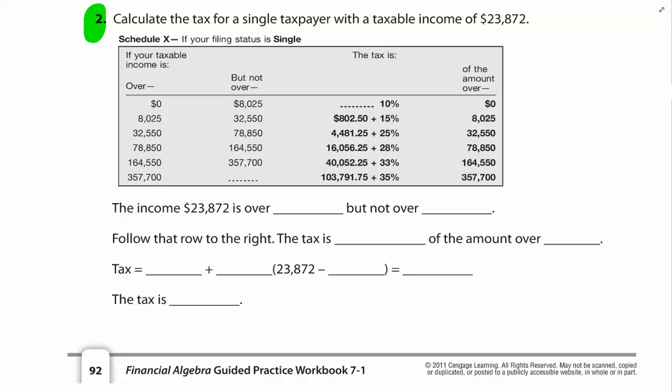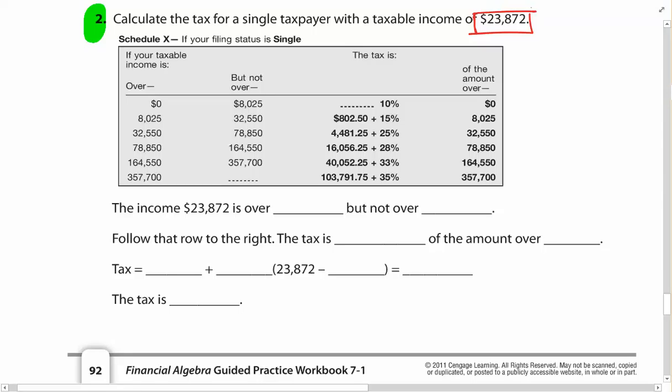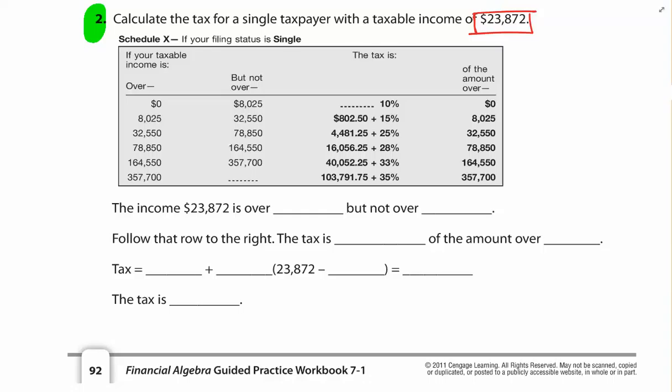Moving on, number 2, we need to calculate the tax for a single taxpayer with a taxable income of $23,872. Typically, somebody with this income will just use a tax table rather than a tax schedule, but we can work with this here.